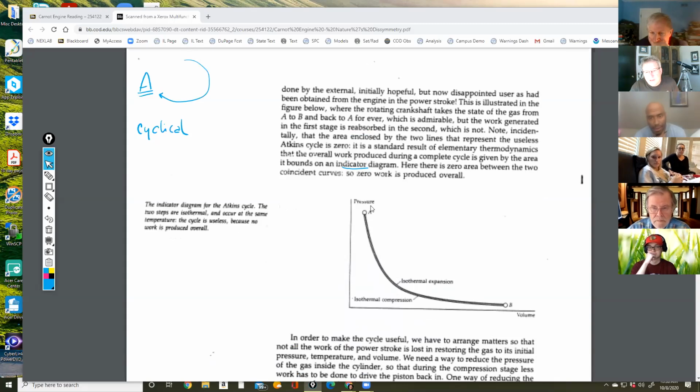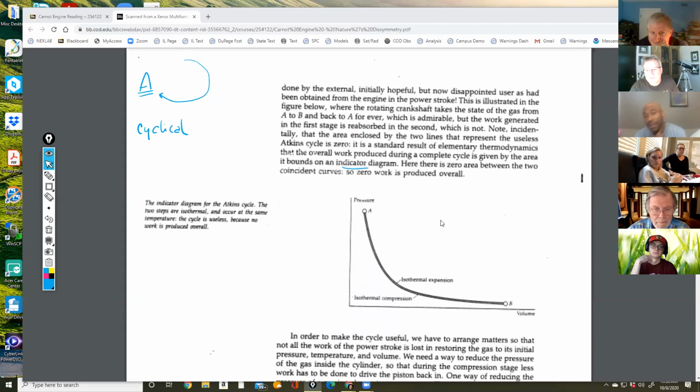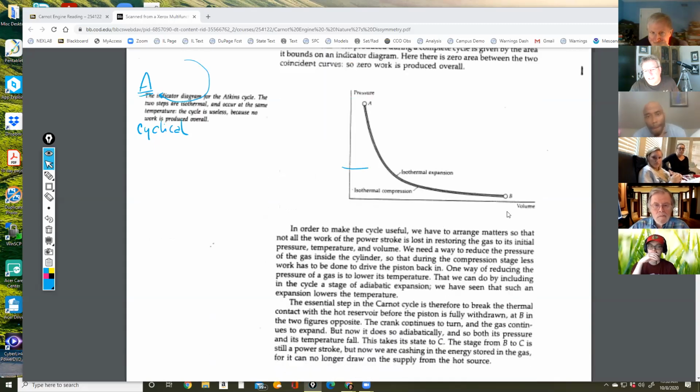I go isothermally and isothermally. I keep going back and forth. What's the area inside, in between those two? See, this is all assuming that this is an isotherm. Do you understand that the compression and the expansion are happening at the same temperature, the same isotherm?